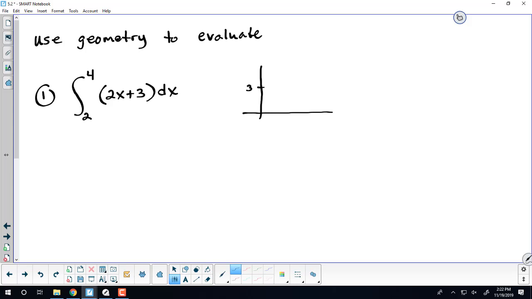So our y-intercept is 3 and the slope is 2. And we're only concerned with that line from an x value of 2 to an x value of 4. So we'll just say that's here and here.